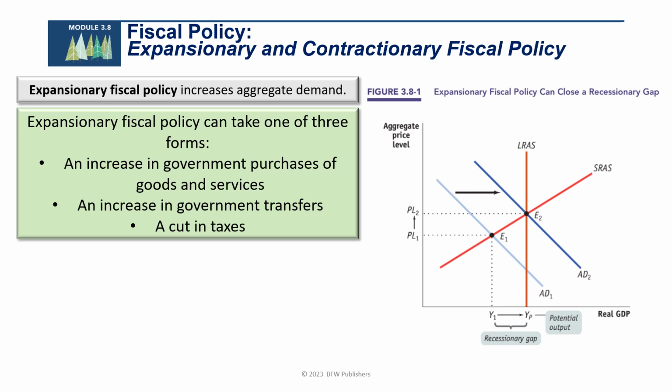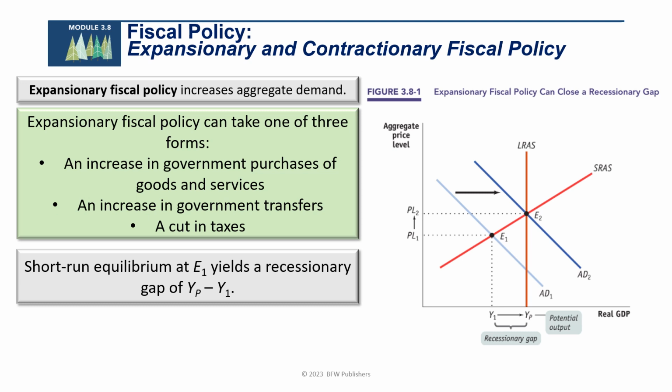Now, which approach is best? That is a debate of the ages. Typically, right-leaning economists, conservative economists, and right-leaning politicians are advocates of tax cuts. Left-leaning economists and politicians generally are proponents of government spending and increases in transfer payments. So what happens if we use any and all?